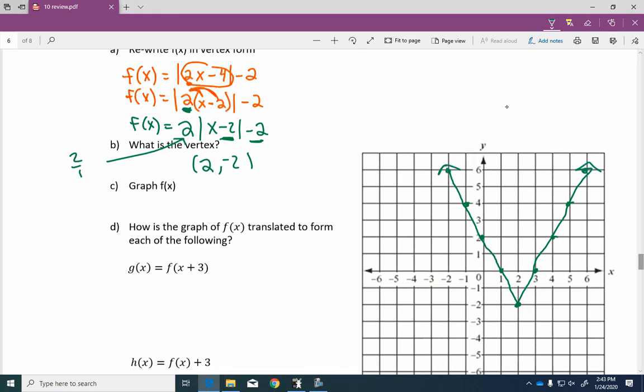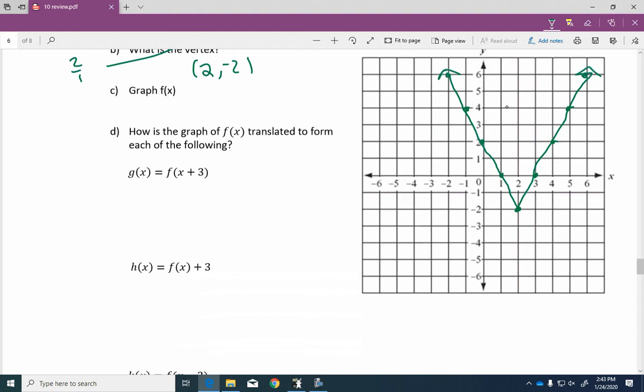Next, I want to talk about shifts. Or I should call it transformations. These transformations happen to be shifts, but we could do a transformation that makes things more narrow or wide or upside down and things like that. This definitely is a shift to the right.